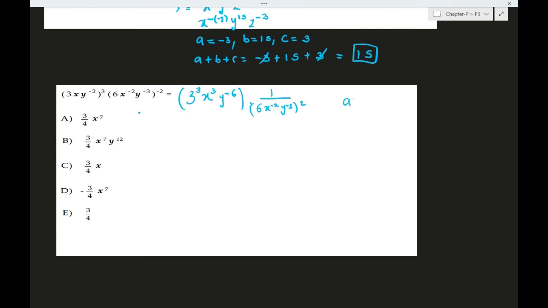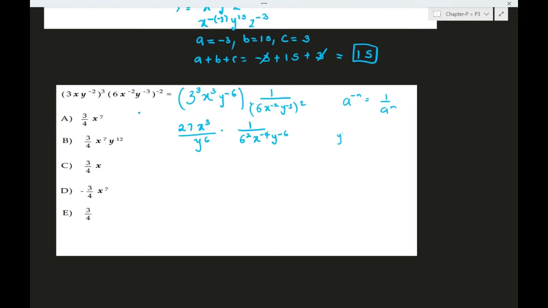Because we know that a to power minus n is the same thing as 1 over a to power n. It's also one of the laws of exponent. So here, this becomes 27 x to power 3. And this one, we can even write as y to power 6 in the denominator. And here, we can write this as 6 squared x to power minus 4. And here we can write it as y to power minus 6.